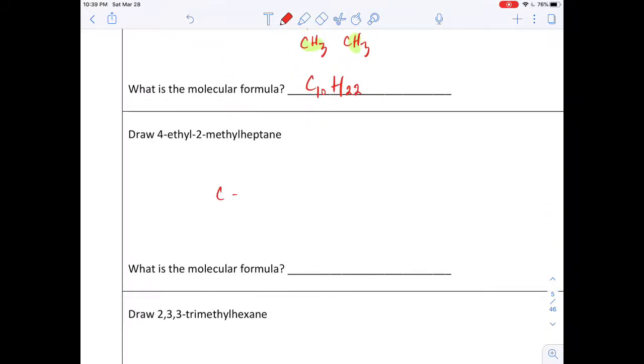So here we've got a heptane. On my 4th carbon, I'm going to have an ethyl, and on my 2nd carbon, I get a methyl. Fill in my hydrogens. You need to be careful here, because you can see I just about made a mistake on the number of hydrogens attached to this one carbon.